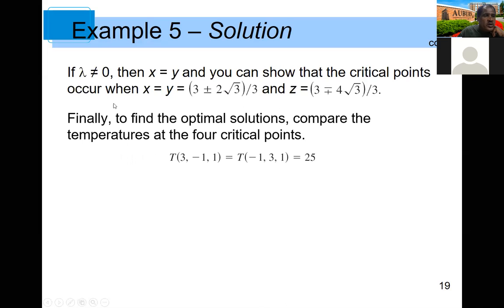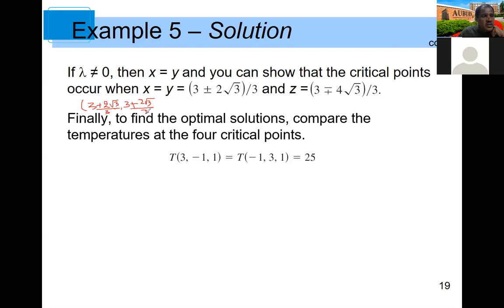What does this say? Let me write it exactly in coordinate form. Let's write it together. This means x is 3 plus 2 root 3 over 3, comma, 3 plus 2 root 3 over 3, because x and y are the same, right?